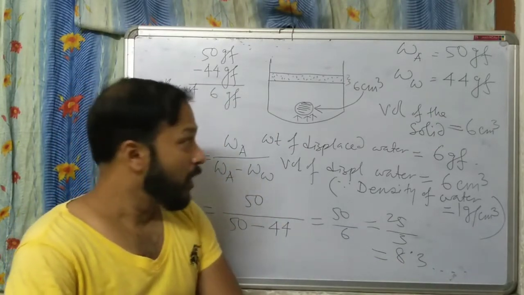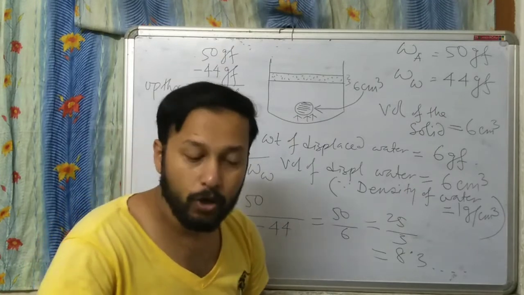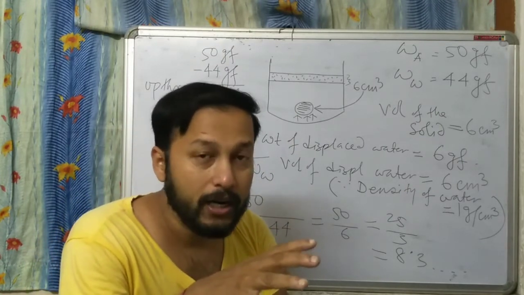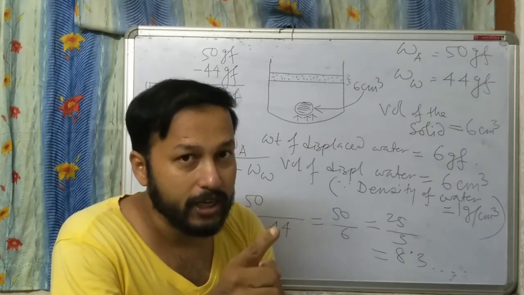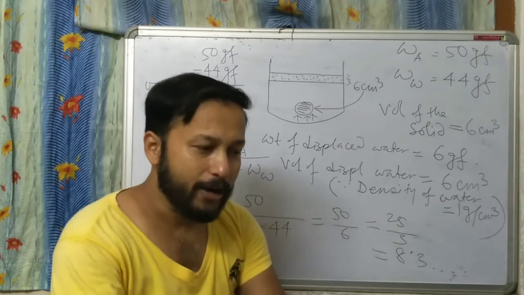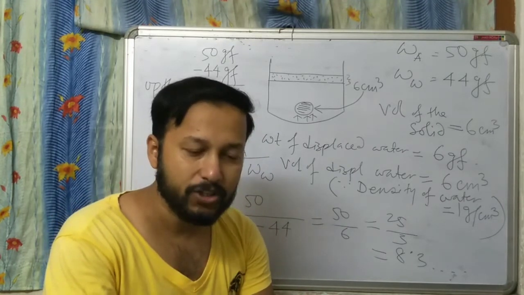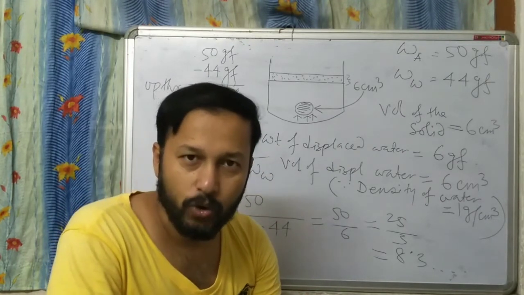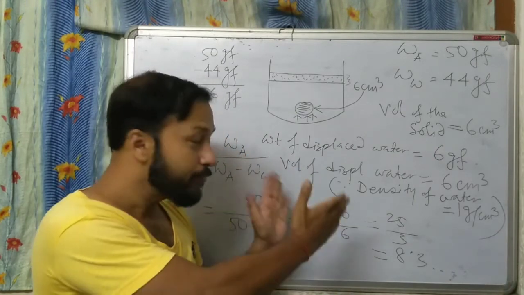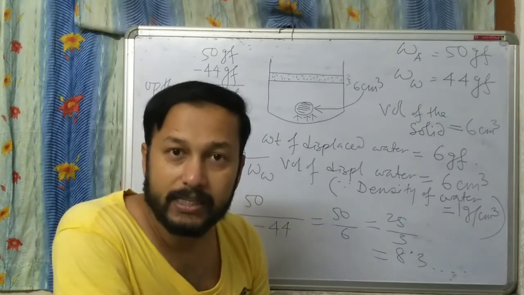So you understood this sum? We discussed the numerical based on relative density of solid and relative density of liquid, and all this formula we have discussed in our previous video. As I told you, the links of all these videos are given.